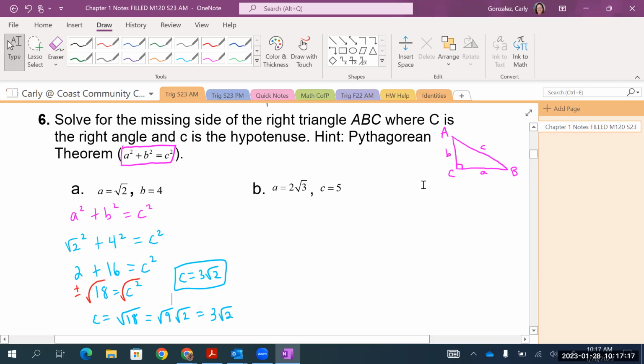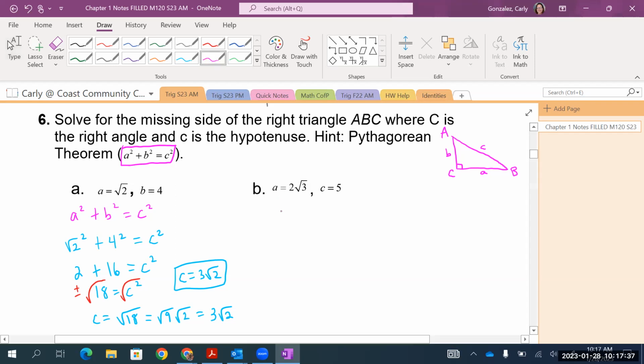Okay, and for part B, we have A equals 2 rad 3 and C equals 5. Notice now they're giving us one leg and the hypotenuse, and we needed to find the other leg.